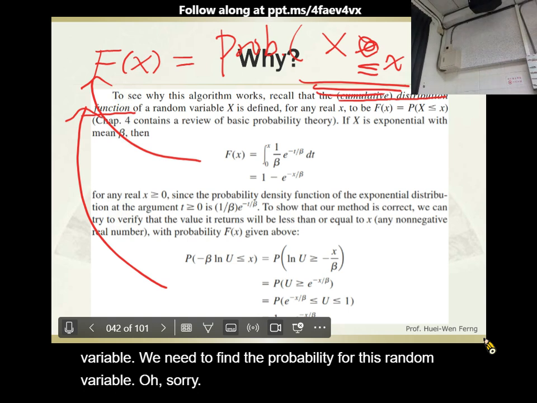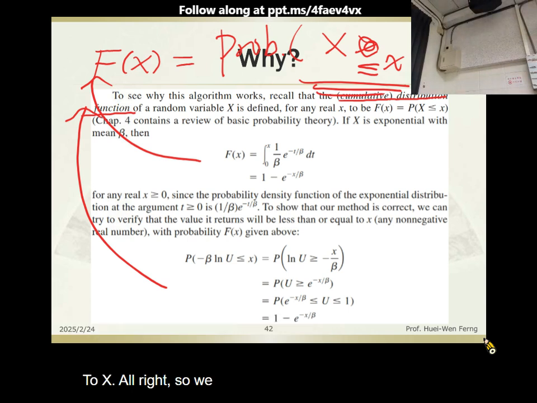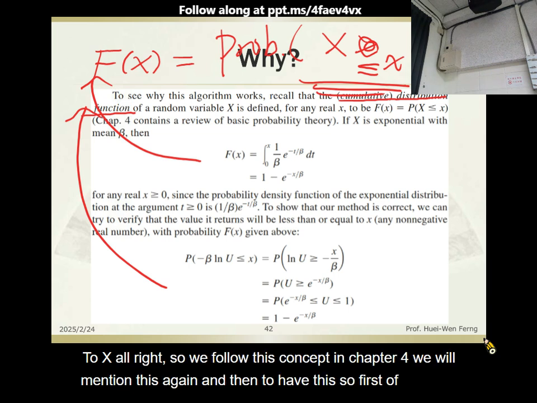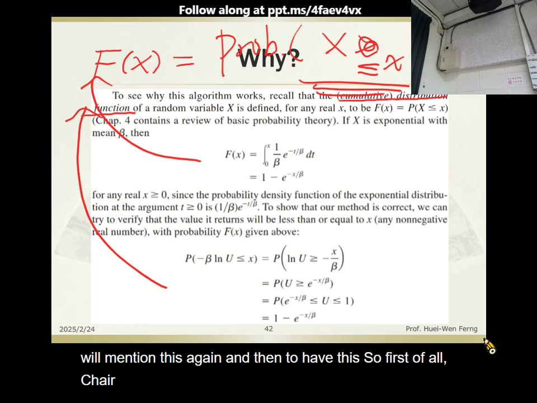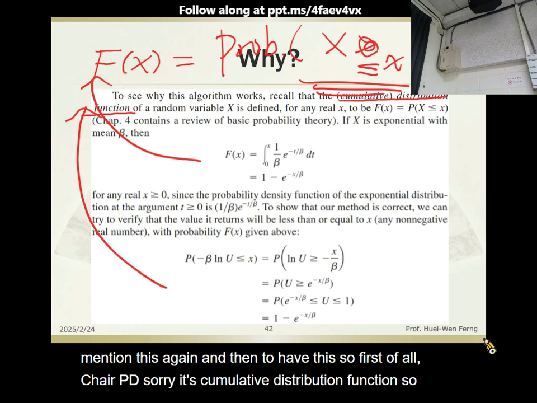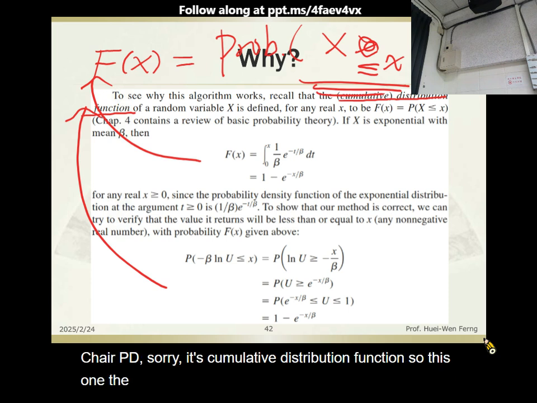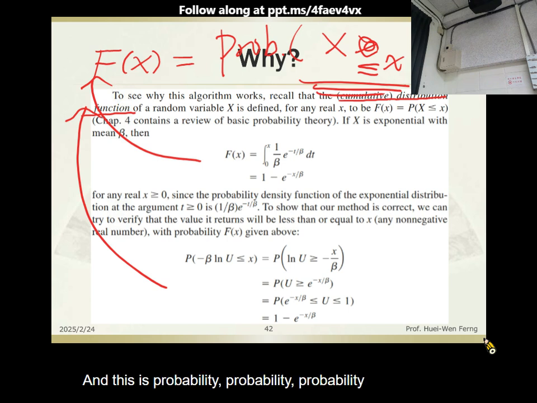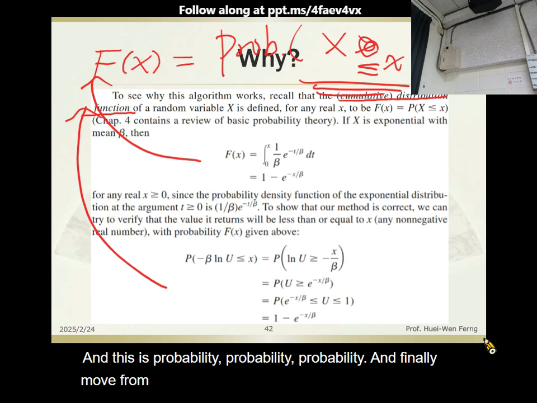All right, so we follow this concept, and in chapter 4 we will mention this again. And to have this, first of all, check that it's a cumulative distribution function. So for the previous random variable, lower than or equal to s, we rearrange it. And this is the probability. And finally, for uniform, we have the two ends, so the probability should be this one minus this.